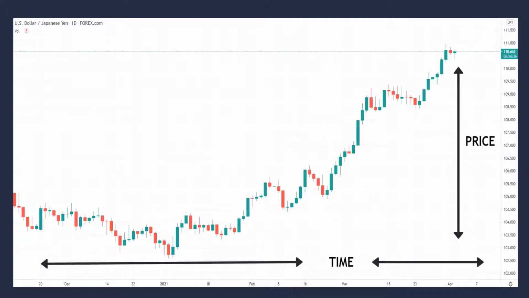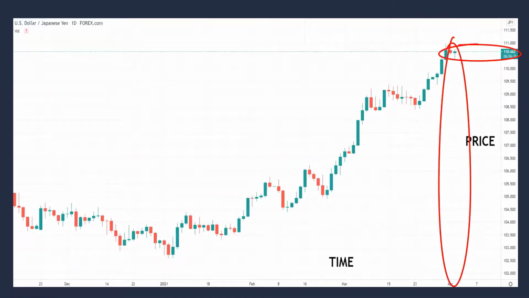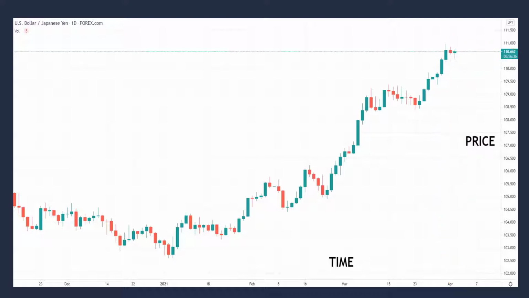Here's our standard candlestick chart, time on the x-axis and price on the y-axis, and if we zoom in we can see that one data point is created because of this combination of time and price, which then allows us to create these one data points that we draw some analysis from. But this is very different in the world of Kagi charting.